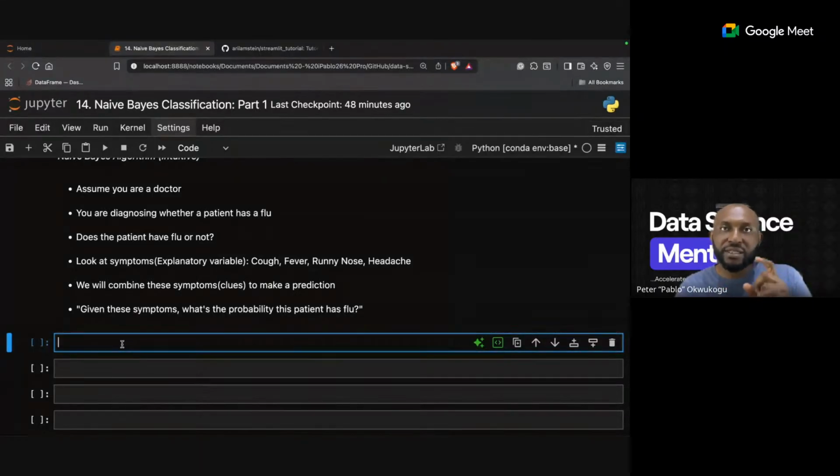Linear regression has an assumption that the data distribution in the explanatory variables, or the clues or the symptoms, have a linear relationship. So in this case, if it's a linear relationship, we're looking for whether the likelihood, if someone has a high fever, is a higher chance that the person has flu?